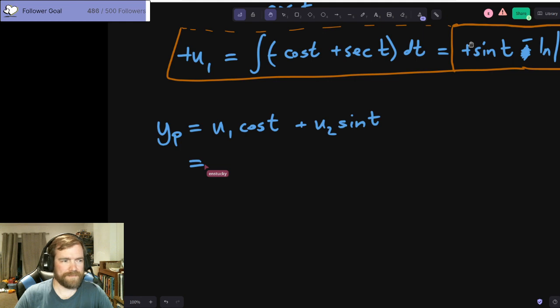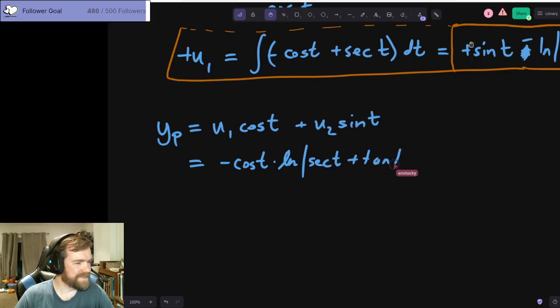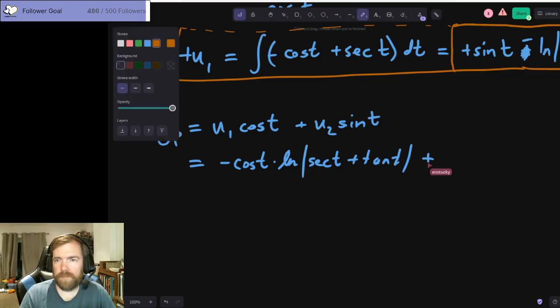Okay, so I'm going to write down the term I don't like first. And then, we already multiplied the cosine, so we need to add sine times cosine.